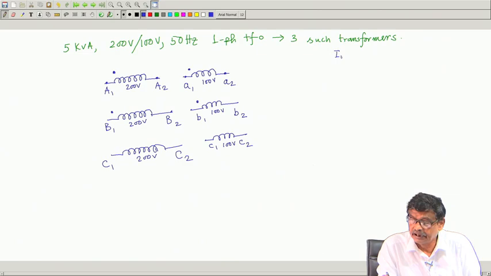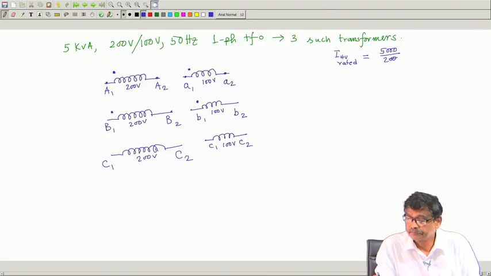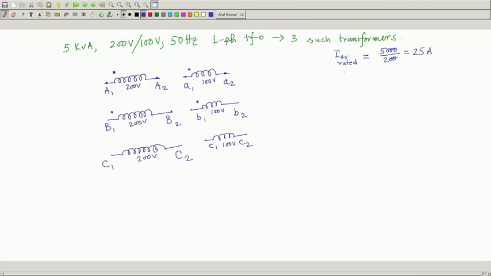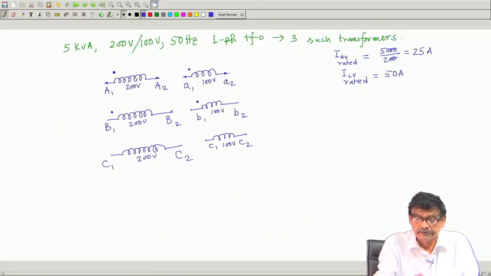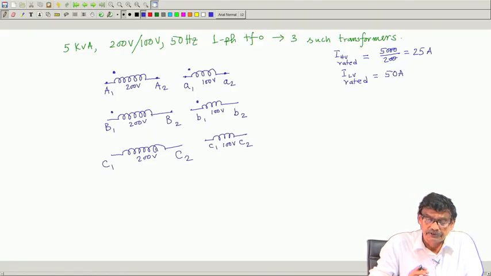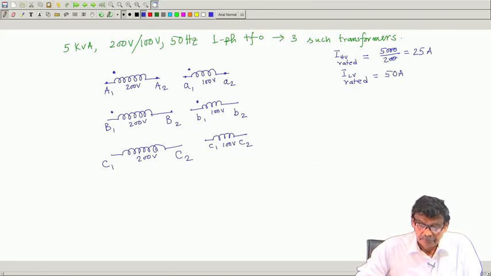I write it here, I_HV rated is equal to 5000 by 200, 25 ampere. Similarly, I_LV rated will be equal to 50 ampere, we can calculate. So, rated current of these transformers are also known, rated voltages are known, and I have marked the terminals.